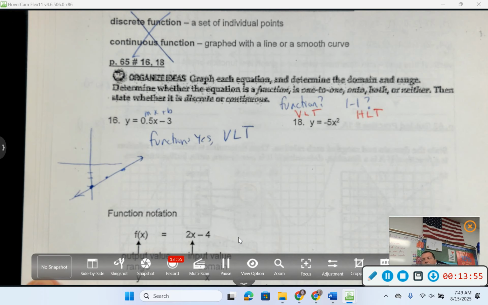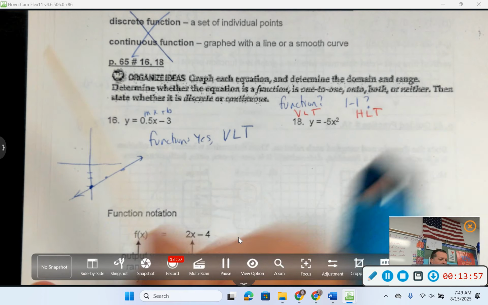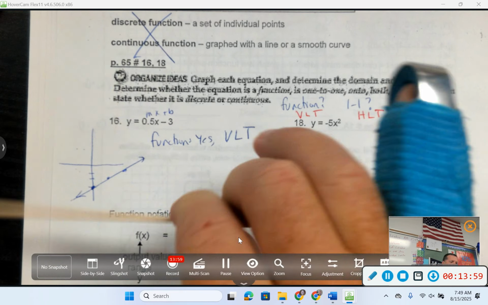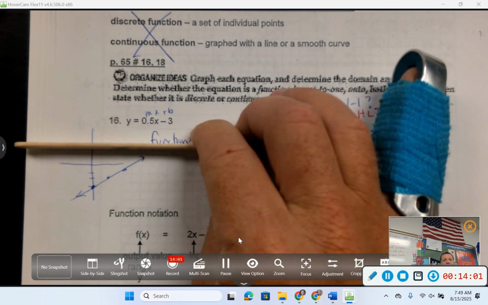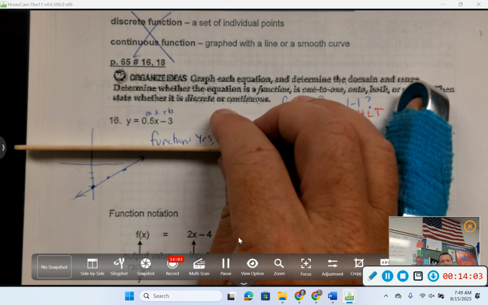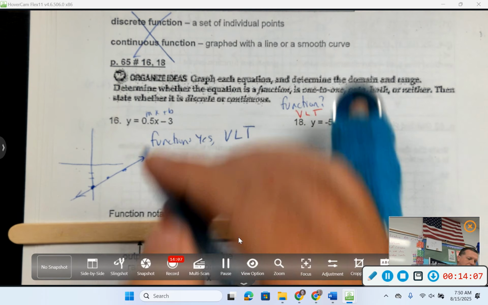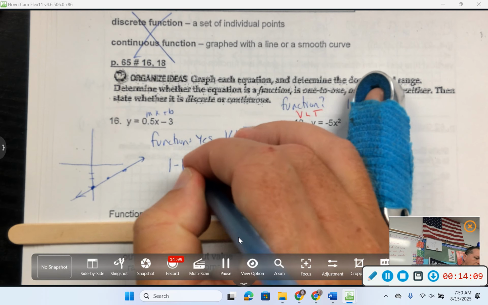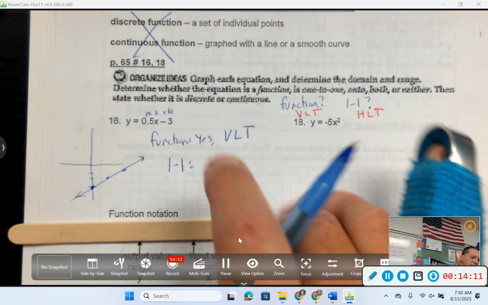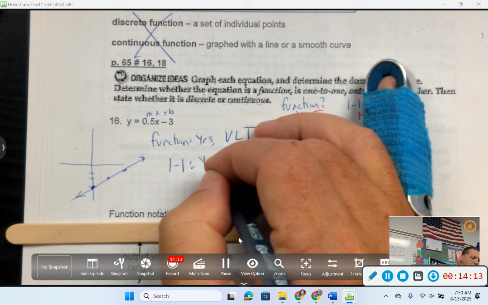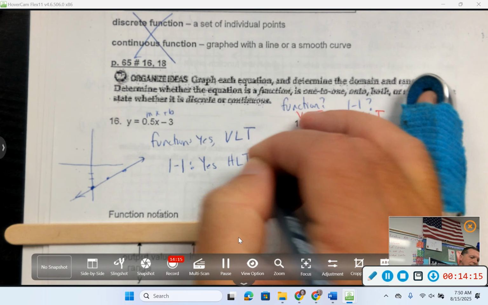So that may be a new one, but it works the same way. Instead of a vertical line, you run a horizontal line, and it's the same test. If it hits twice, then the answer is no. If it hits only once, then it's a yes. So what do we think? Is this one one-to-one? Yes, by the horizontal line test.